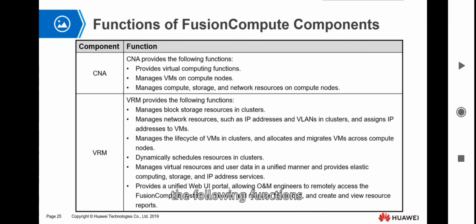VRM provides the following functions: manages block storage resources in clusters, manages network resources, such as IP addresses and VLANs in clusters, and assigns IP addresses to VMs, manages the life cycle of VMs in clusters, and allocates and migrates VMs across compute nodes, dynamically schedules resources in clusters, manages virtual resources and user data in a unified manner, and provides elastic computing, storage, and IP address services.